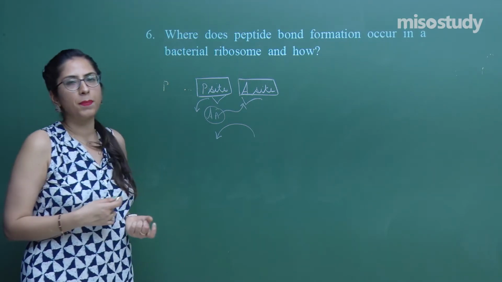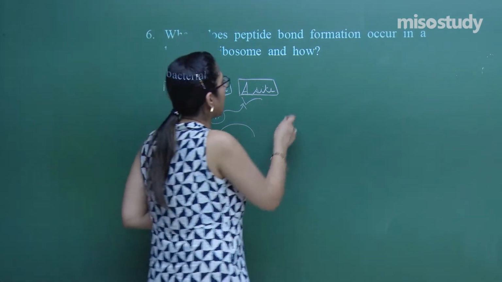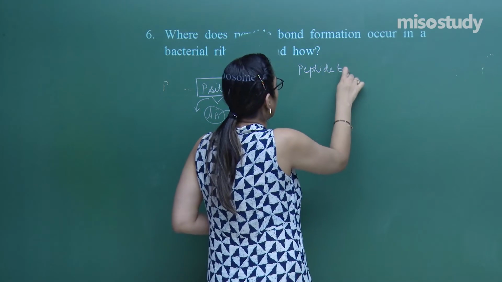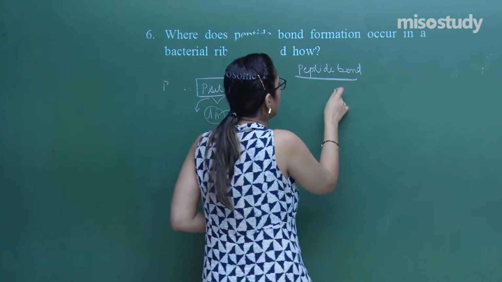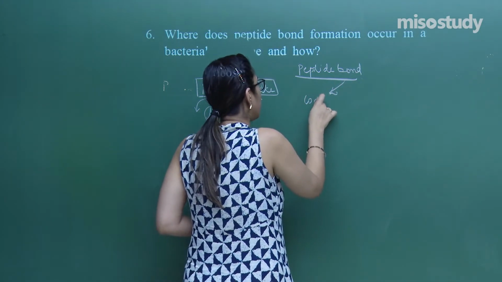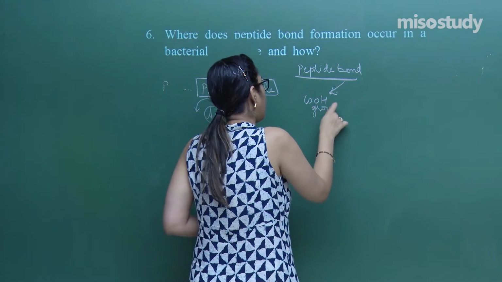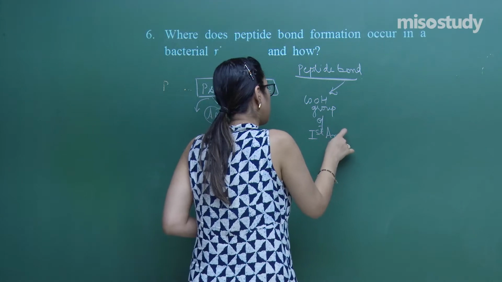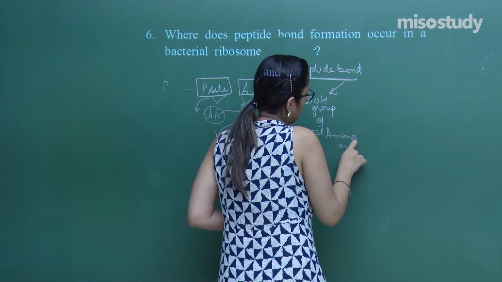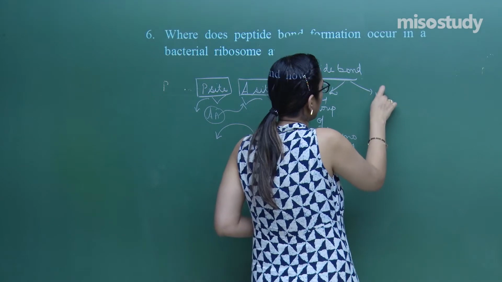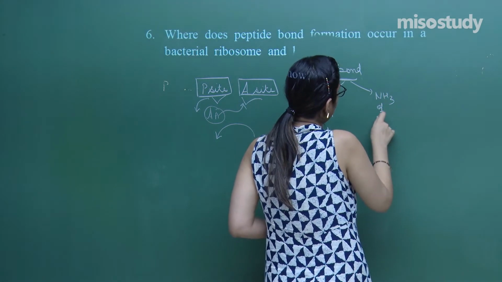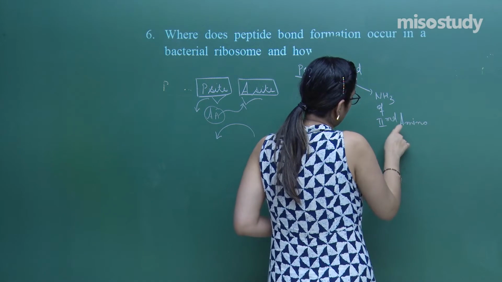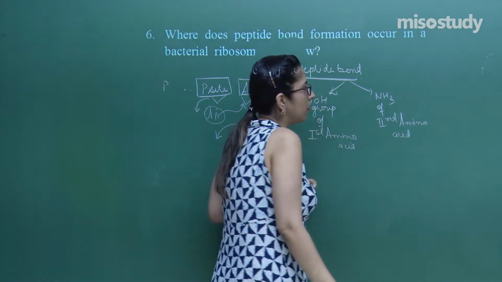What happens is that a peptide bond is formed, and that peptide bond is formed between the COOH group of the first amino acid and the amino group of the second amino acid, right?